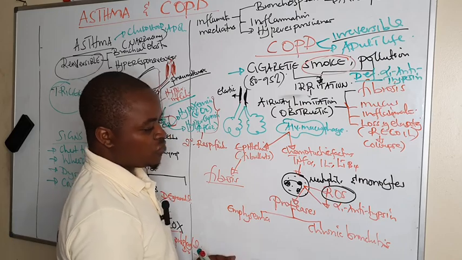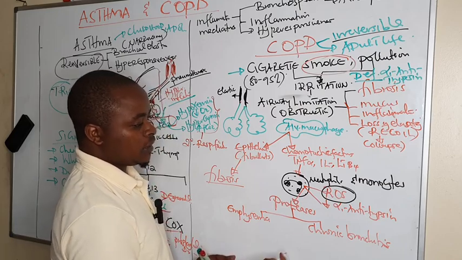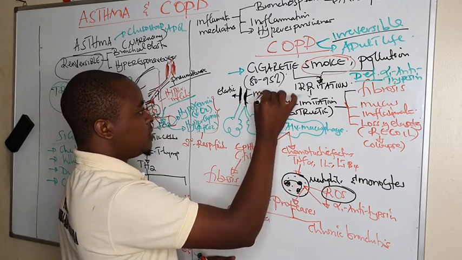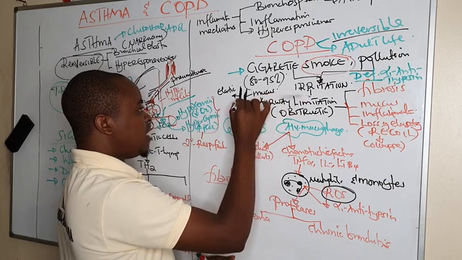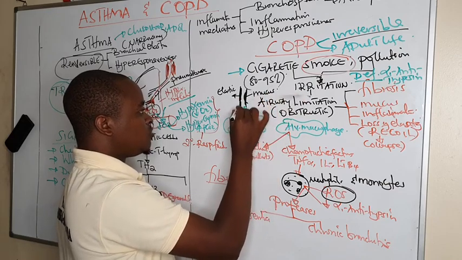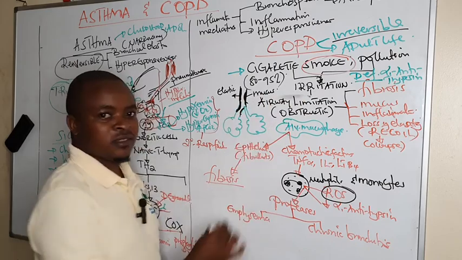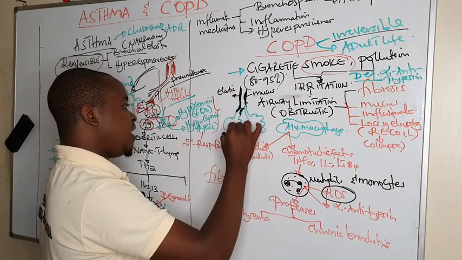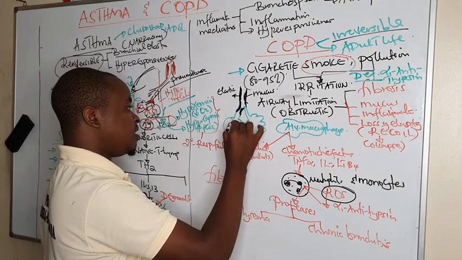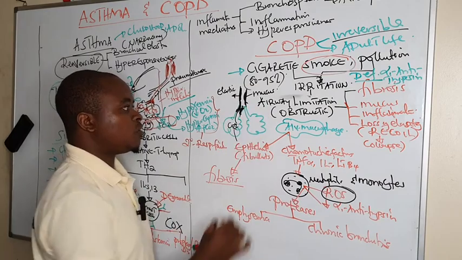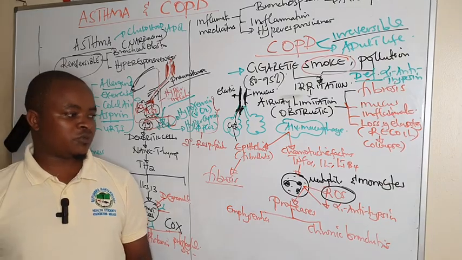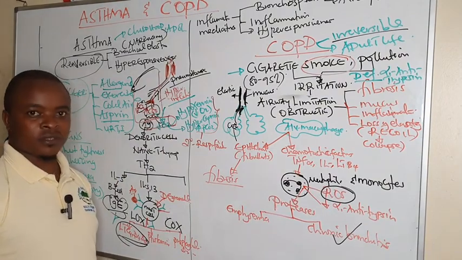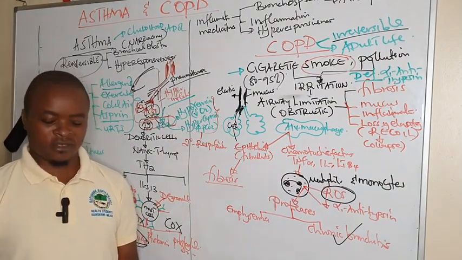Then another situation is that they are also going to increase mucus secretion, and this mucus accumulates in these airways, and after accumulating, it cannot allow carbon dioxide to be exhaled. So there is obstruction. That is what we are calling chronic bronchitis. That is destruction of the bronchioles, or the air conducting passages.